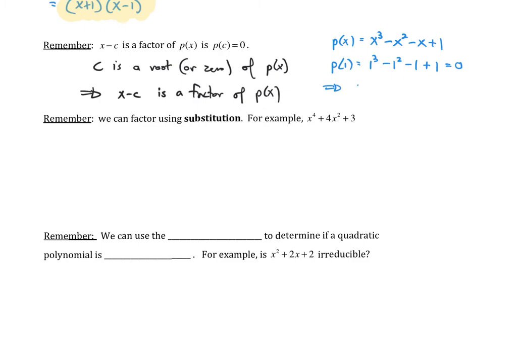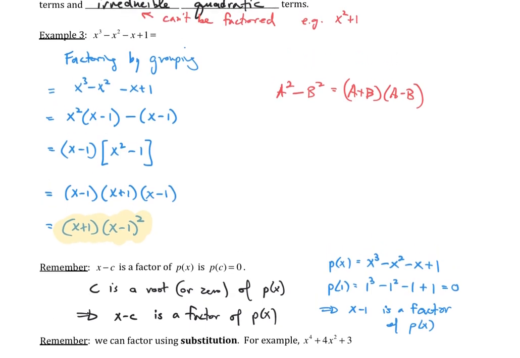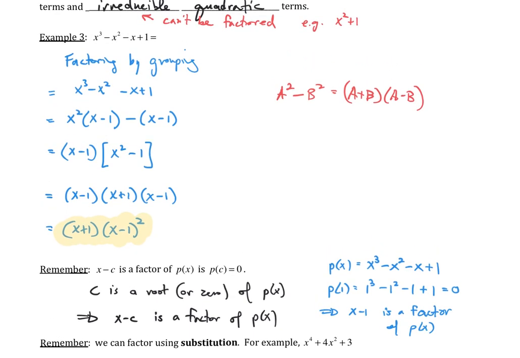So this tells you that x minus 1 is a factor of p of x. Now, if you looked at our original example up here, we could definitely see that x minus 1 was a factor. In fact, it's a factor that's counted twice. But let's say you didn't think of doing factoring by grouping. You could have done a quick check, noticed that x minus 1 was a factor, and then just used polynomial division to do example 3 instead.